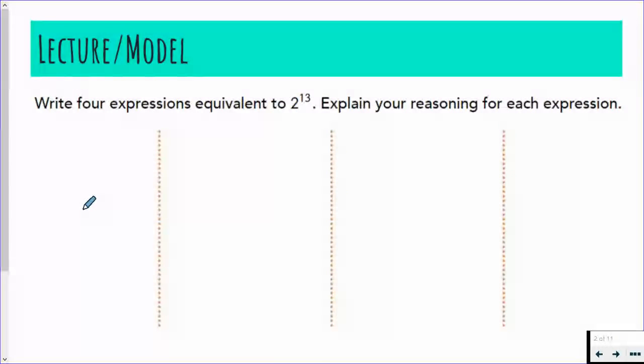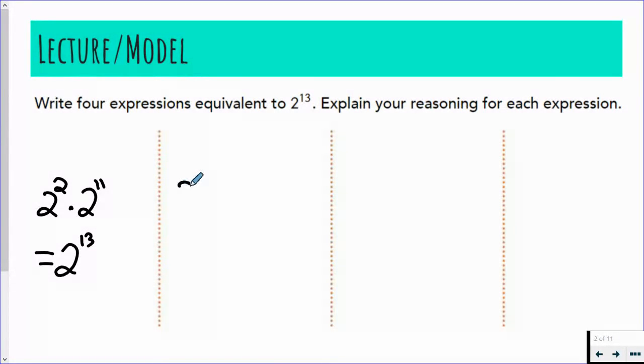So first I'm going to think about my exponents with multiplication rule. Say I had 2 to the second power times 2 to the 11th power. I know that I would multiply those both and add the exponents to get 2 to the 13th power.